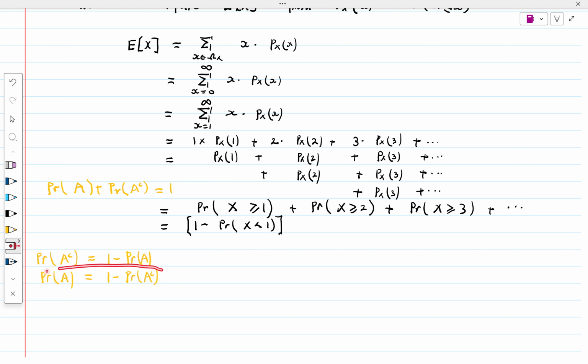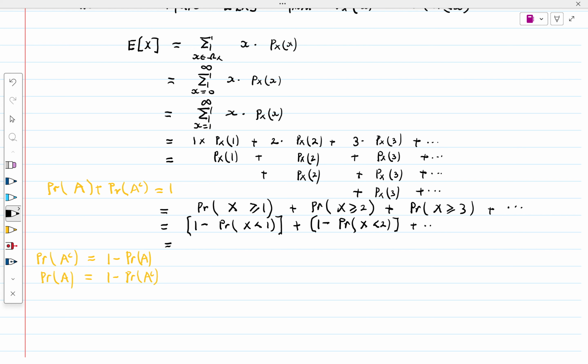Using this formula, the probability of A is 1 minus the probability of the complement, which is what we have in the term below. Similarly, we can do the same thing for the second term: 1 minus the probability that x is less than 2, plus, and so on and so forth with the other terms.